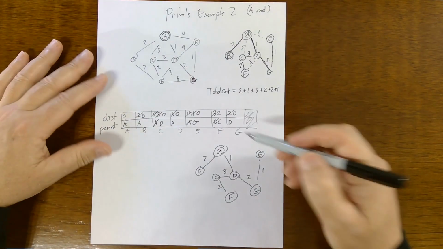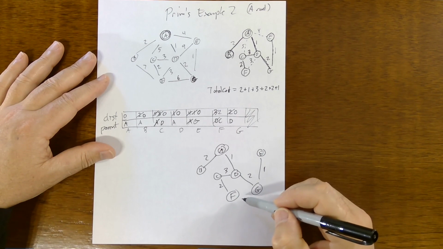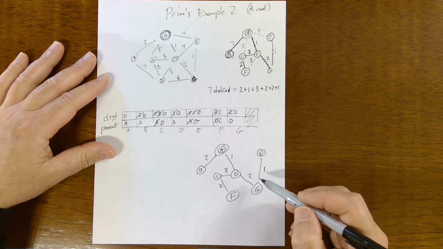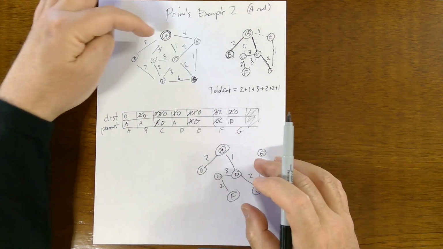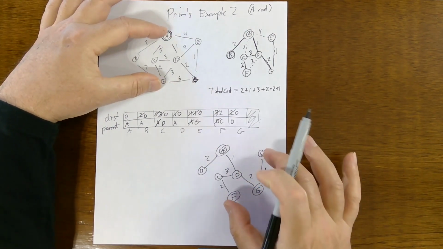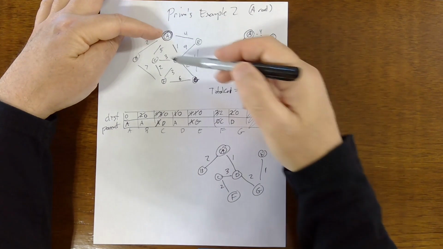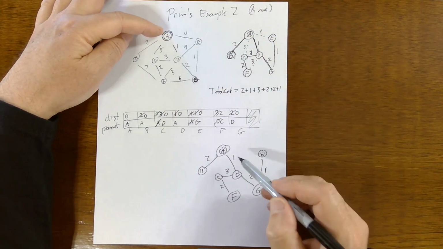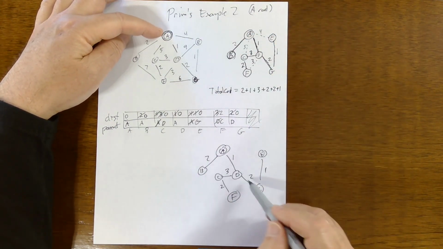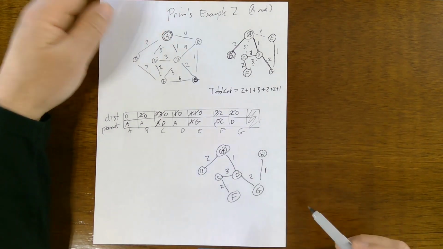This is the total. This is the tree, the minimum spanning tree. Given this graph, this is the tree that covers the graph. That is, it uses every node, but it has the cheapest total link cost, right?